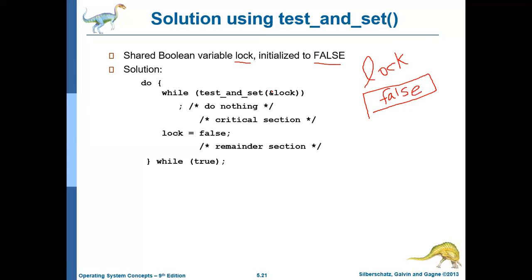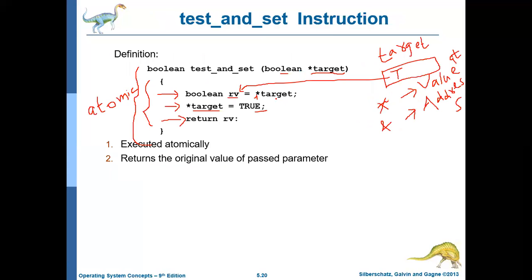Now this address you are passing to this function test and set, which is an atomic function. That is, it will execute as one single unit. Let us say this address is 2000. This 2000 address is passed to the test and set function. So now it got the address 2000.